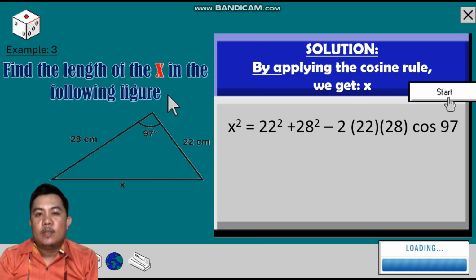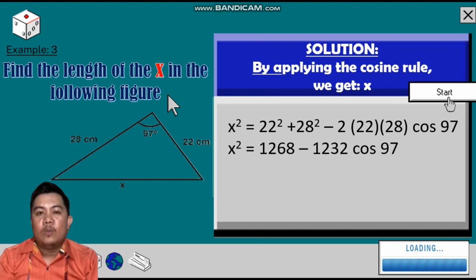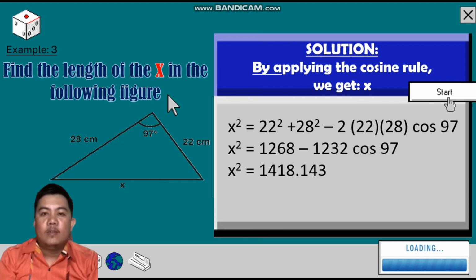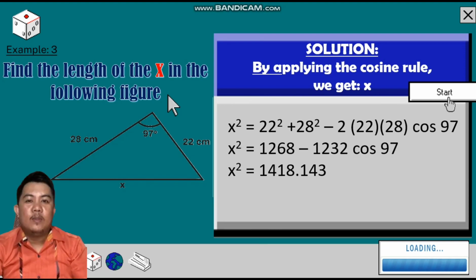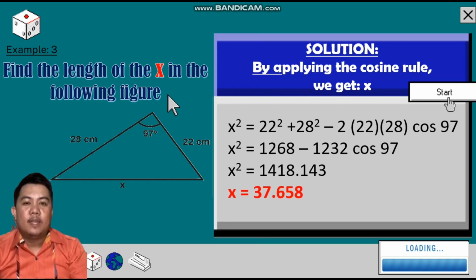Then, x squared is equal to 1,268 minus 1,232 cos 97. Then, x squared is equal to 1,418.143. So, we have x is equal to 37.658.